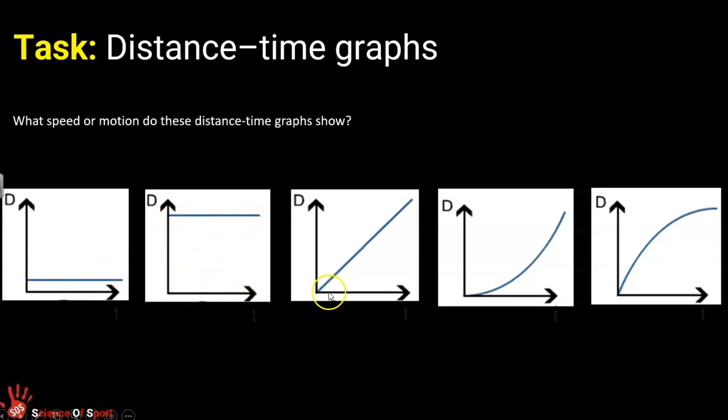Third one then. Over time, the distance is consistently getting further away, changing, which means that it's likely the object is travelling at a constant velocity. Over time, it's getting further and further away proportionally. So this linear relationship between distance and time represents a constant velocity.